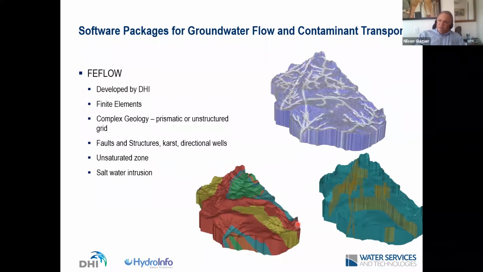FEFLOW is developed by DHI, uses finite elements. It has the advantage of being able to better represent complex geology, mainly now with unstructured grids. You can individually represent faults, structures, karst features, directional wells. It has built-in unsaturated zone and density-dependent flow and heat as well.